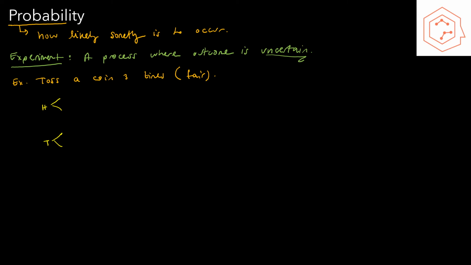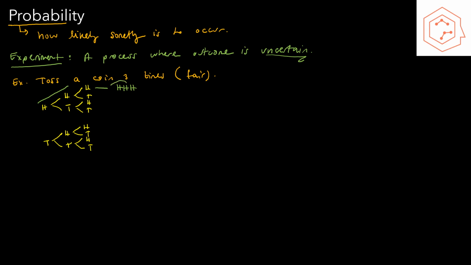On the second toss, once again, heads or tails. And the same thing for the third toss. So now, we know that this first branch and every single branch is a possible outcome. So this first branch corresponds to the outcome of getting 3 heads.